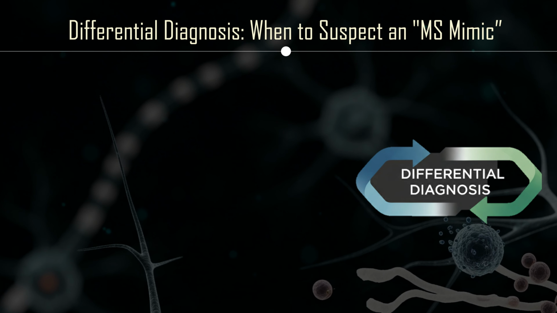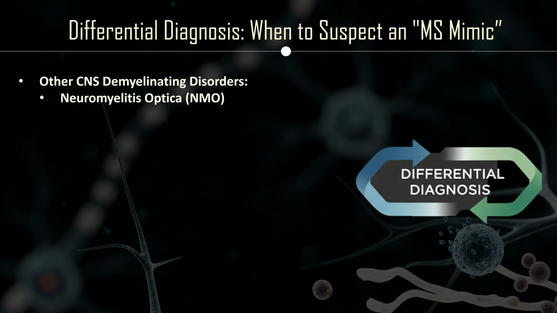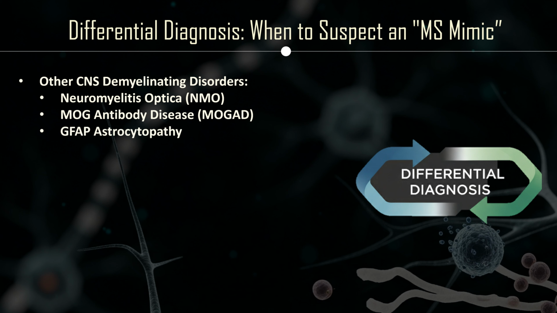Given the wide range of neurological symptoms MS can present, we must always consider the differential diagnosis, the dreaded MS mimics. These are conditions that can present very similarly to MS, and it's our job to distinguish them. Other CNS demyelinating disorders, often considered MS spectrum disorders, include neuromyelitis optica, NMO, MOG antibody disease, MOGAD, and GFAP astrocytopathy.